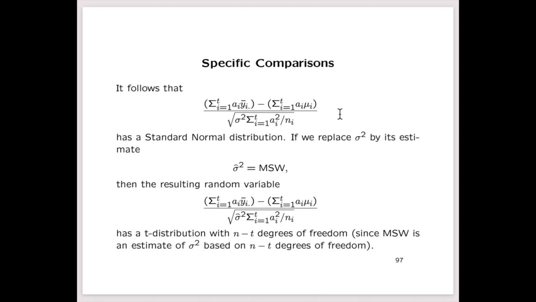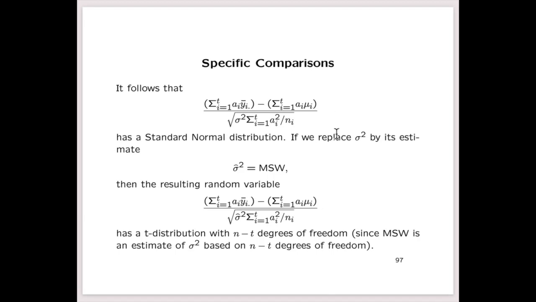Now, we don't know sigma squared, but we do have an estimate of it from the analysis of variance. In particular, the estimate of sigma squared, you'll remember, is the mean squared within, also called the mean square error.